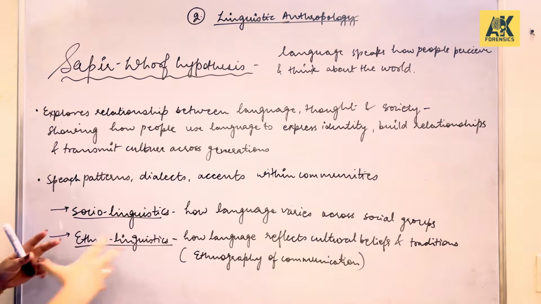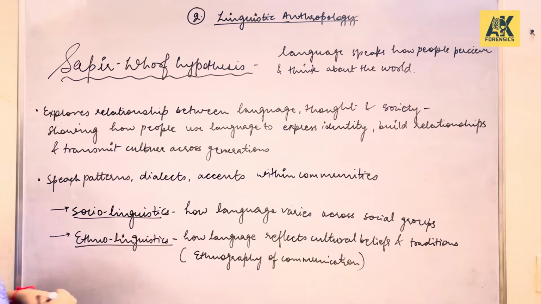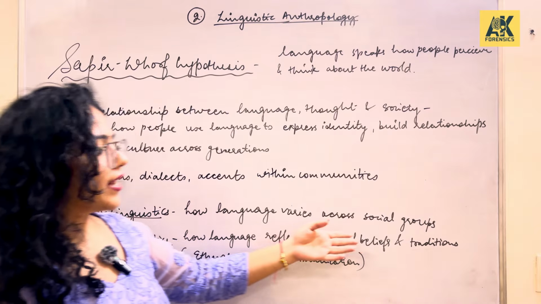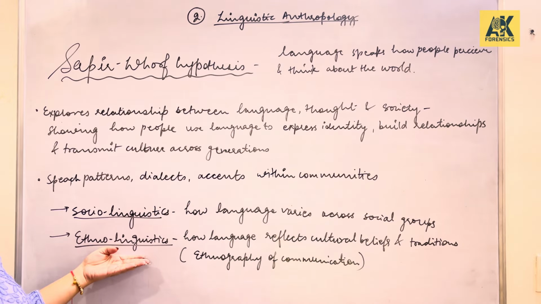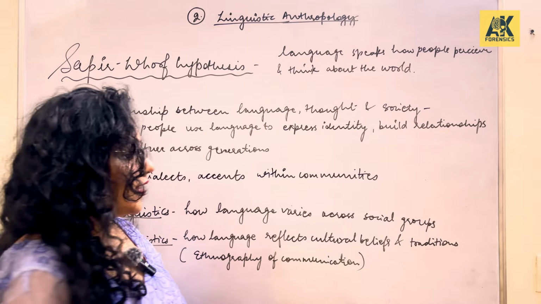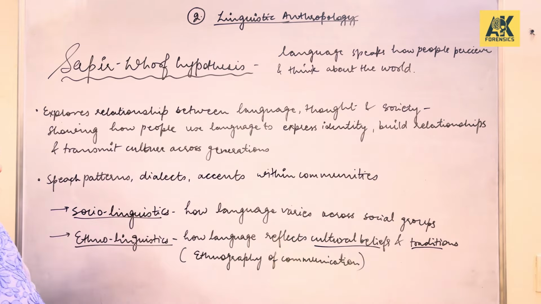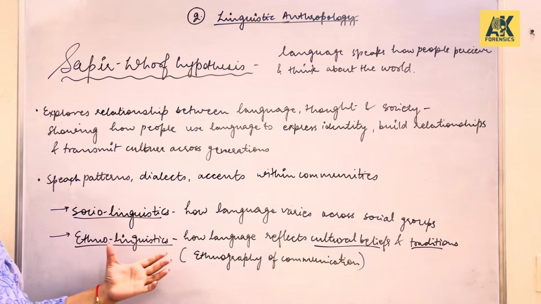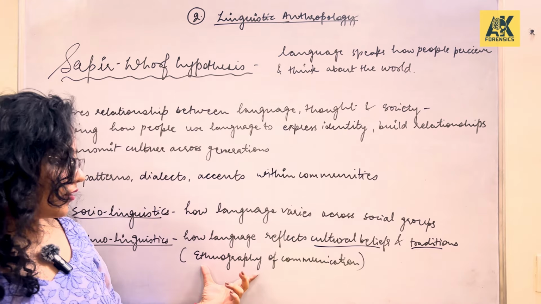So there are these two major branches or areas, which are sociolinguistics, which shows how language varies across social groups, right? And there is ethnolinguistics, which shows how language reflects cultural beliefs and traditions. So you can say that ethnolinguistics is actually the ethnography of communication. Ethnography क्या था?